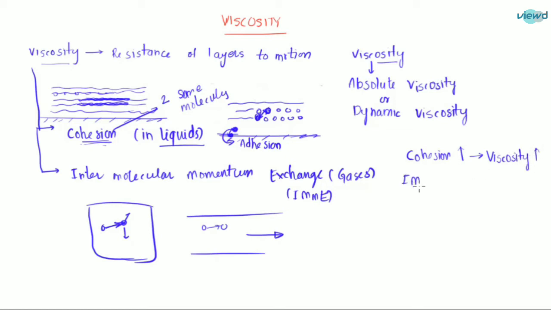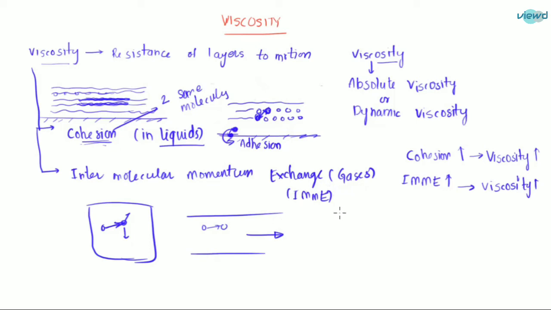If intermolecular momentum exchange increases, viscosity increases. This is because more random motion will take place, and thus the resistance to motion in a particular direction increases. That means viscosity is increasing.